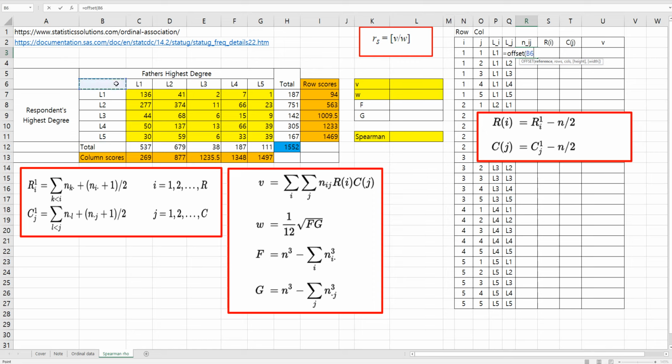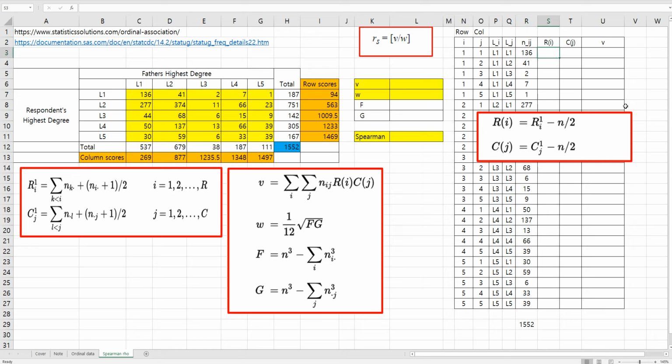Fix the reference, and specify rows, comma, and specify the column number. Then we can apply this formula for other cells. Let's get the sum of all count data. It should be the same as these blue color cells.